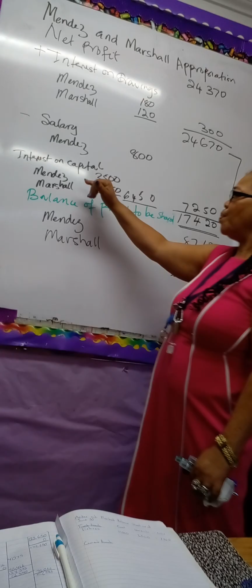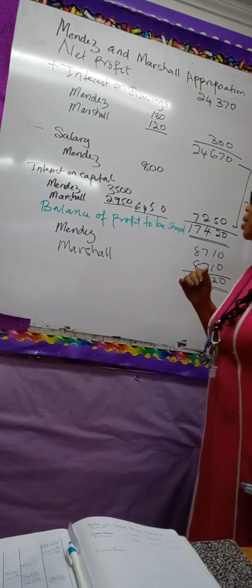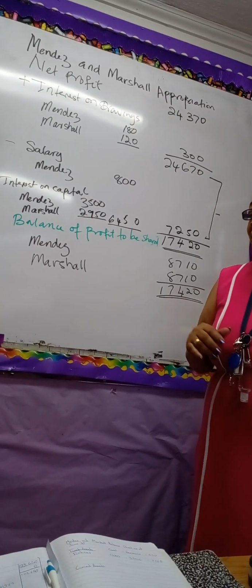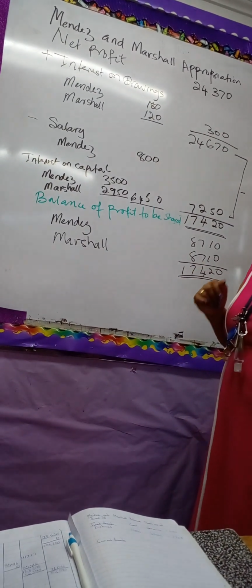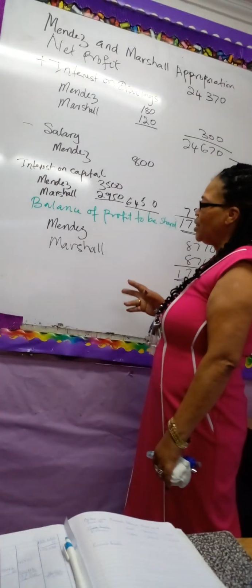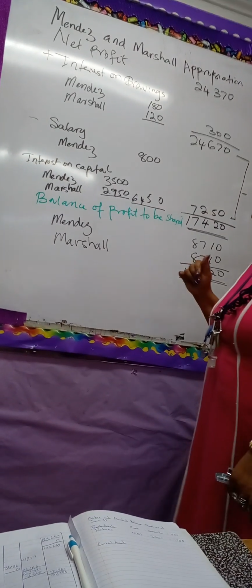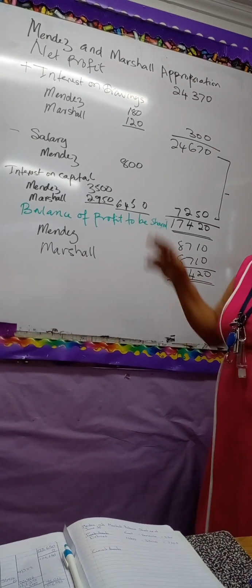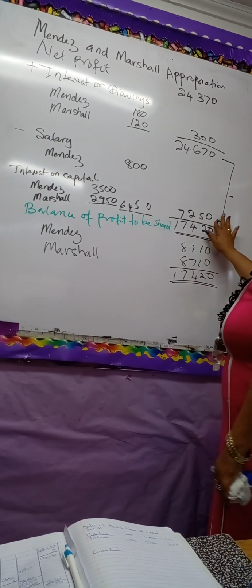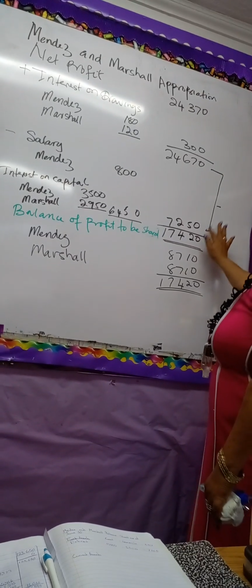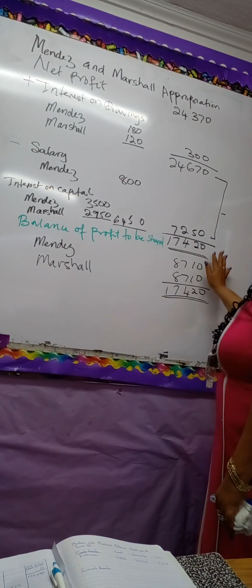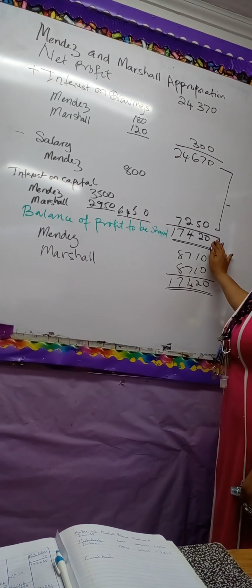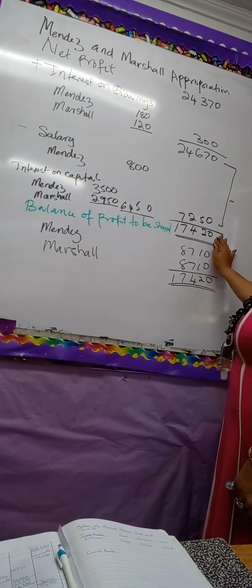And the company also pays interest on capital. Mendez got 10% of his 35,000, which is 3,500. Marshall got 10% of his 29,500, which gave us 2,950. That together gave us 6,450. Plus this 800 gave us 7,250. I am subtracting 7,250 from 24,670, hence my 17,420, balance of profit to be shared.